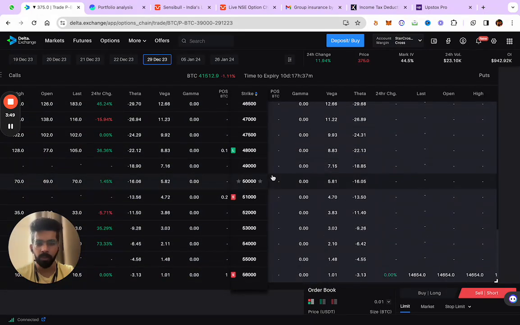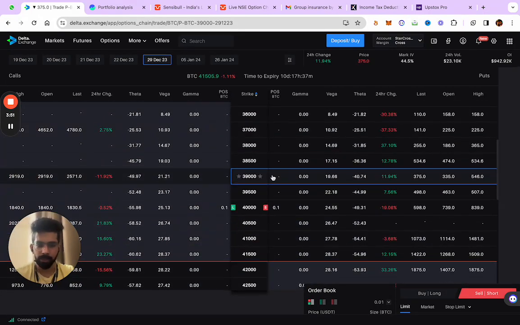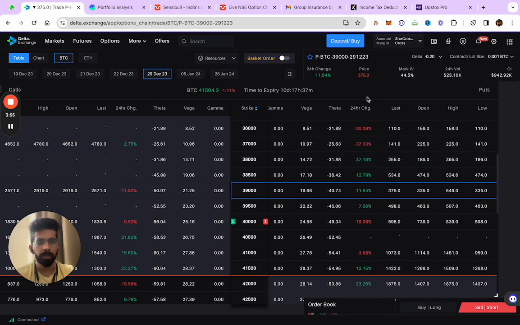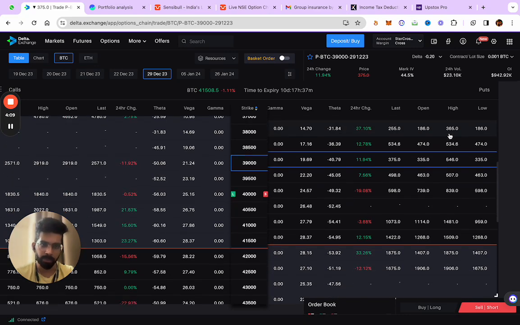And similarly for all other strikes, these are the positions which I have taken. Apart from that, you also get the 24-hour change, which represents the change in the option's price in the past 24 hours. Along with that, you get the OHLC data, which is the last open, high, low, close data for these options.